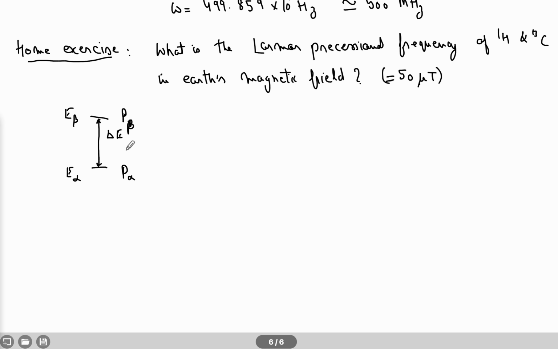Okay, so P alpha and P beta. The population goes by a very simple law, which you all would know. It's the Boltzmann distribution.